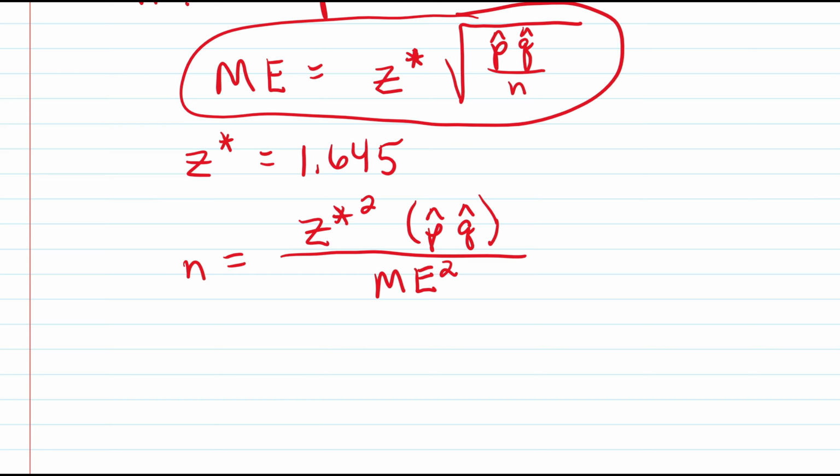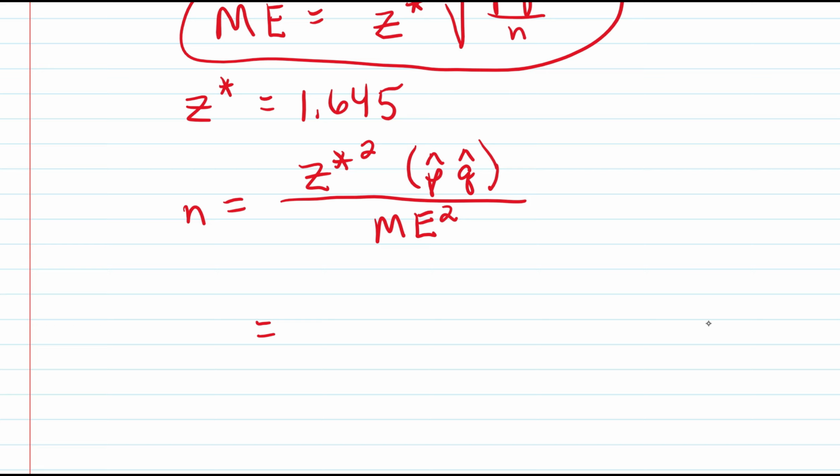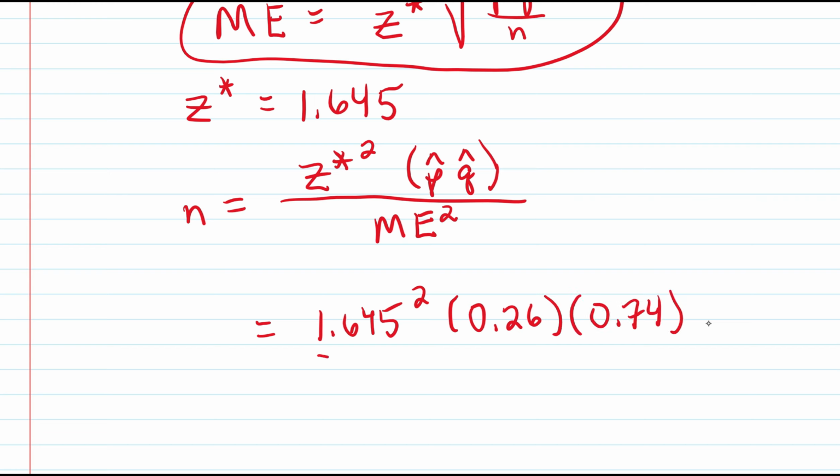Alright, so now all we need to do is just crunch some numbers a bit to solve for that n. So we get 1.645, we square that, and this is multiplied times the product of 0.26 and 0.74, and it's all divided by 0.06, and let's not forget to square that.